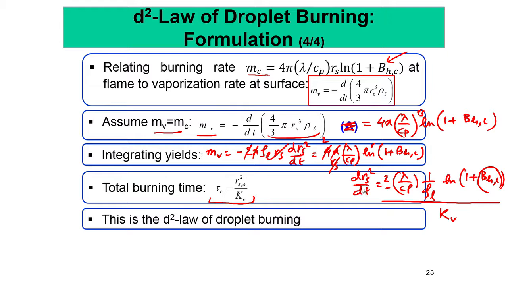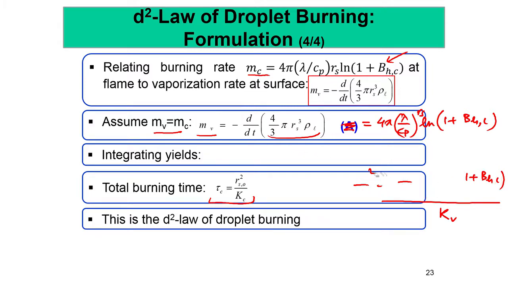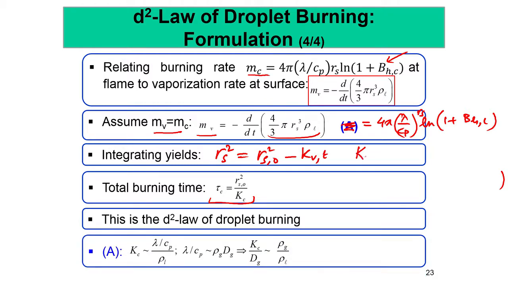If we integrate Rs dRs squared by dt equal to kV, what this yields is Rs squared equal to Rs0 squared minus kV t, where kV is given by 2 times lambda by Cp by rho L, the density of the liquid, times ln of 1 plus BHC.